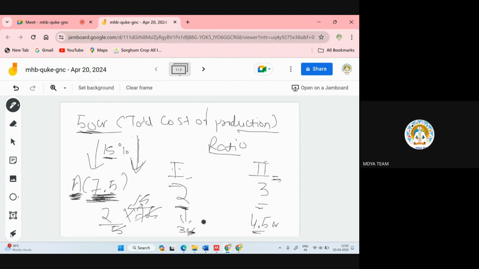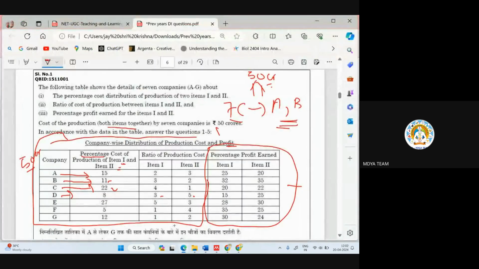Okay, now let's come to the other part of the question. What is this percentage profit earned? So let's now understand some formulas of profit and loss.